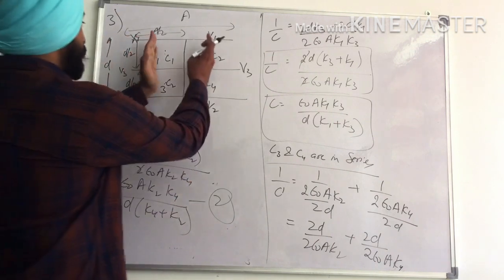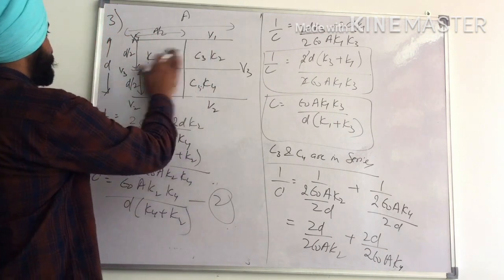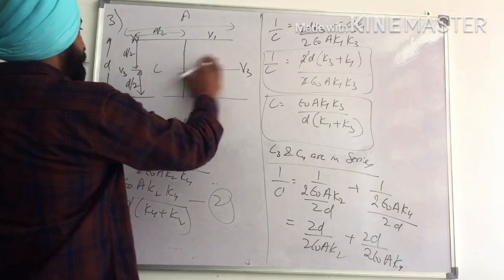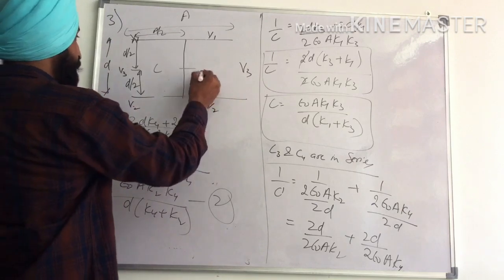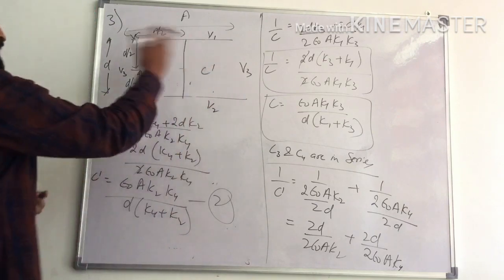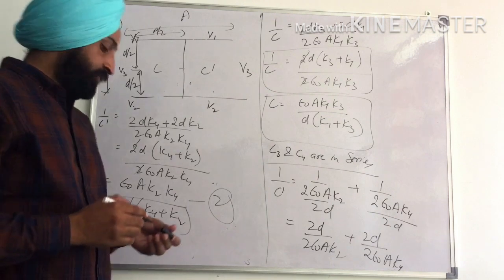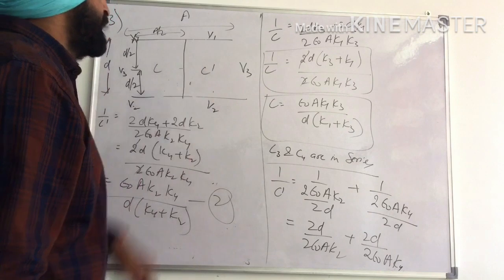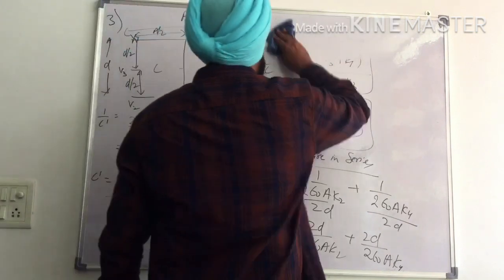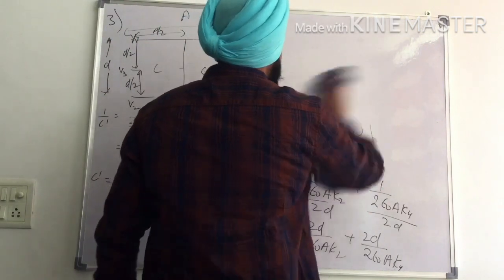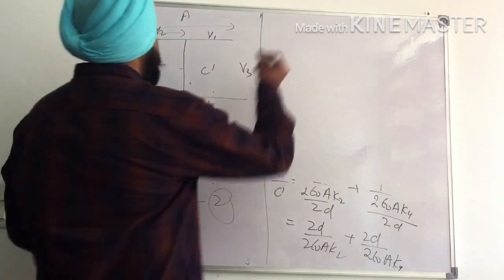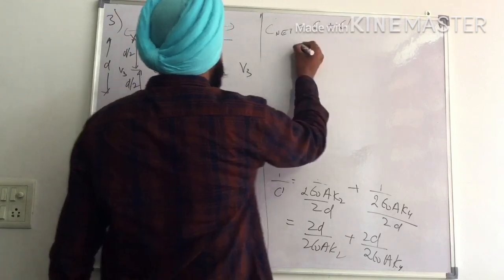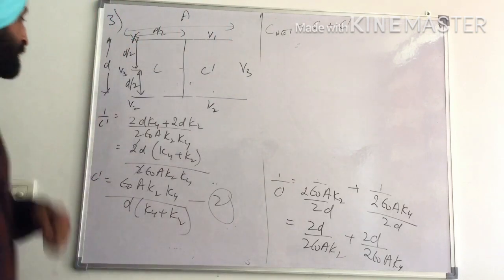Now the net capacitance of these two came out to be C, and the net capacitance of these two is C dash. Now these two are connected in parallel. Now we will be calculating the net capacitance of C and C dash in parallel. So the net capacitance is equal to C plus C dash. In parallel they are simply added.